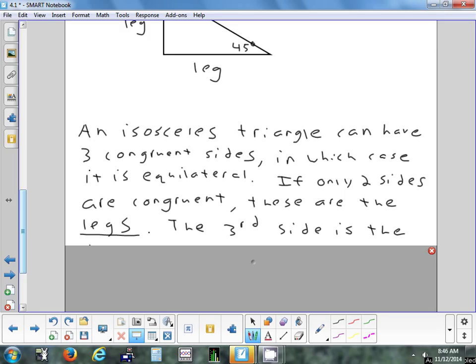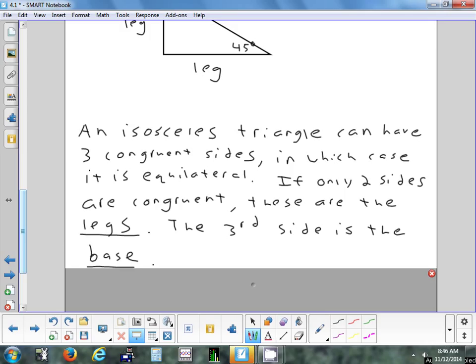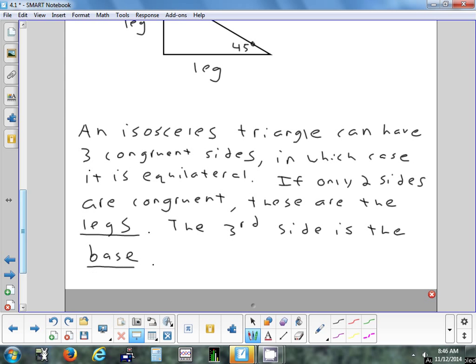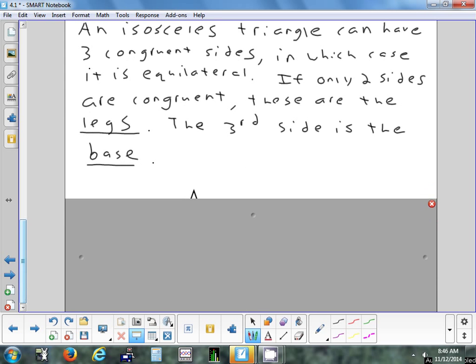That's a more specific name. Isosceles is correct, but equilateral is more specific. In an isosceles triangle, the two sides that are congruent, if there are only two, are called the legs, and the third side is your base.